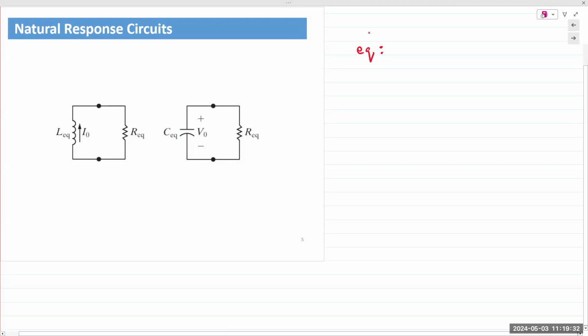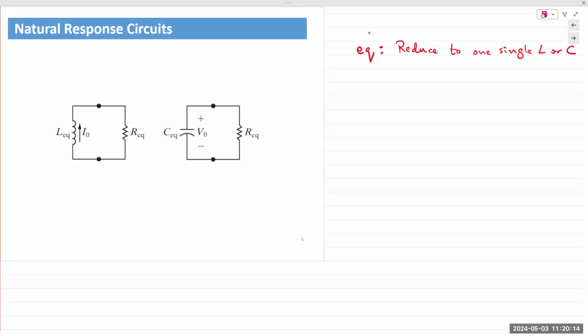If it is possible to reduce all inductors in the circuit or all capacitors in the circuit down to one single inductor or capacitor, then we still refer to it as an RL or RC first order circuit. Even though physically there might be 4, 5, 6, or 10, or even hundreds of inductors or capacitors, if it is possible to reduce it electrically down to one single component, it is still a first order circuit.